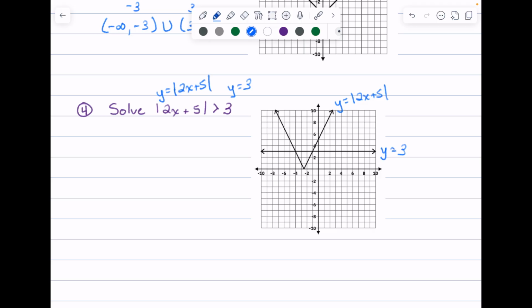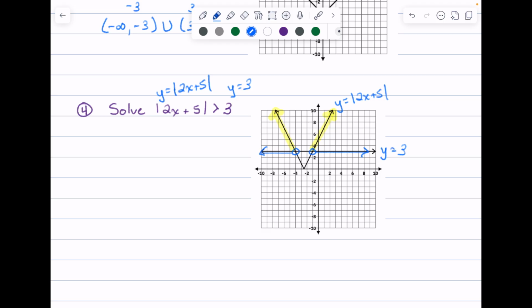Right, and so again, it's an open circle. And then the place on the graph where it's greater than 3, just like the last one, is everywhere above 3. So this here again is an or problem, right? And so on the number line, if we want to think of that as the number line, it would look like this.